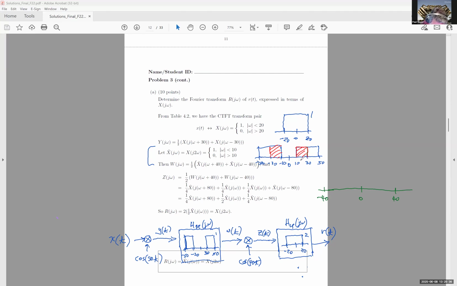And so when you shift to the right by 40, that's going to go way out here, you're going to have from 50 to 90, and then this is going to go, when we add 40, from 30 to minus 10.